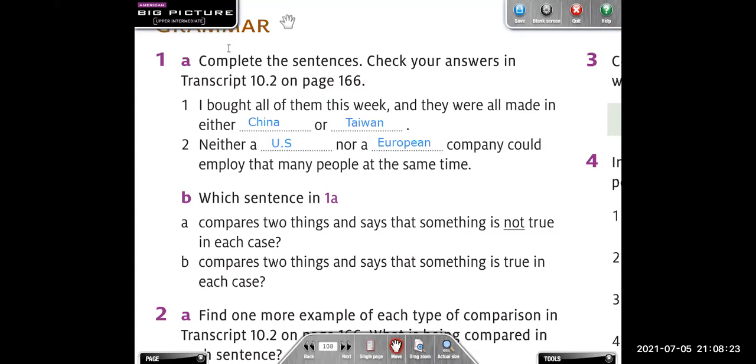Sentence number two. Number two, right? The second sentence. Very good. And of course, the first one is number one, right? We are comparing two things and say that something is true in each case, right? Very good.